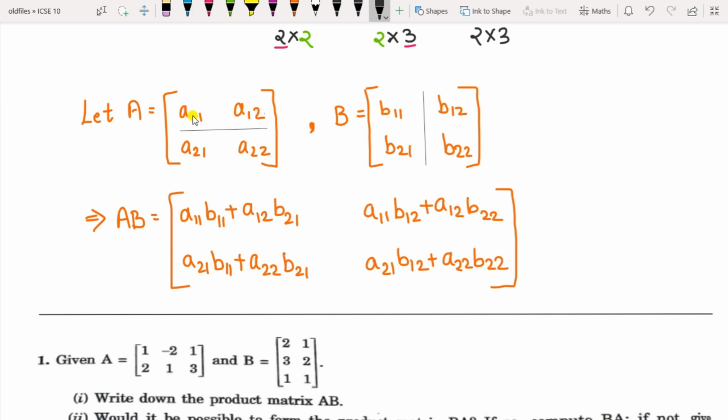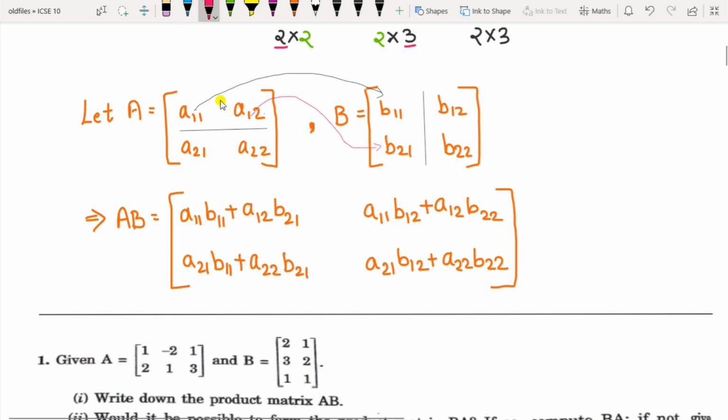The first element in the row of the first matrix should be multiplied with the first element in the column of the second matrix. So A11 should be multiplied with B11, which should then be added to the second element in the row of the first matrix multiplied with the second element in the column of the second matrix. So A12 should be multiplied with B21.